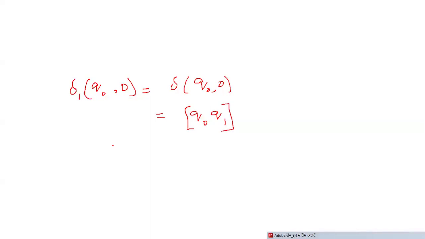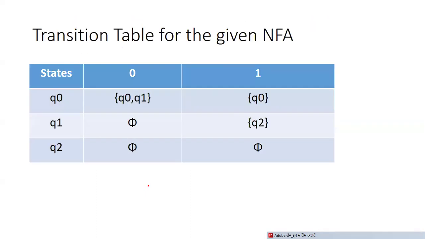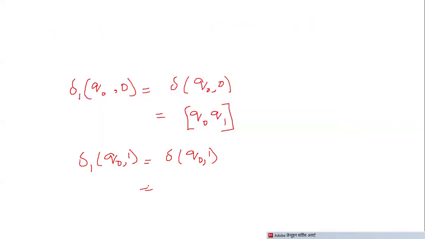That should be represented as a single state, that is [Q0, Q1]. Next, delta 1 of Q0, comma 1, which is equal to delta of Q0, comma 1. Let us see what delta of Q0, comma 1 is. It is Q0, so you can represent it as Q0. This can also be represented inside a square bracket.